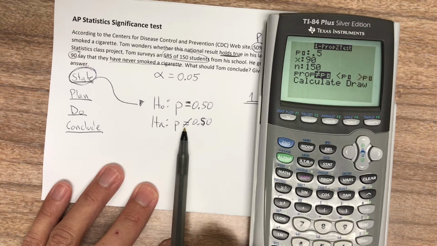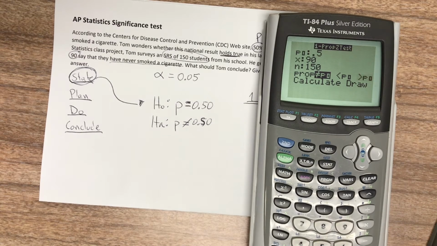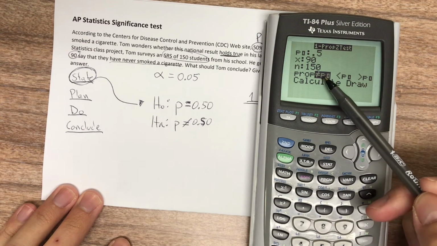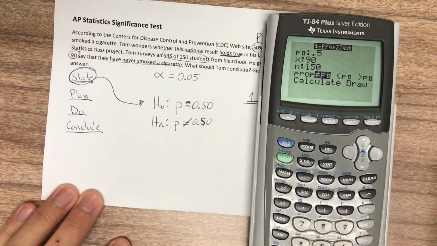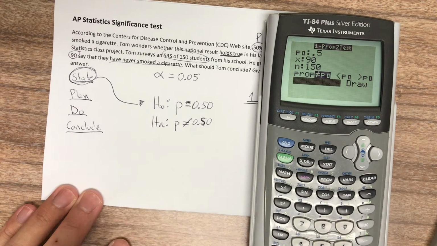So this means a two-tailed test or two-sided test. The teachers use different names, but they mean the same thing, two-sided or two-tailed test. So right now I need to use not equal to the P sub 0, which is your alternative hypothesis. So this not equal to, once again, is from your alternative hypothesis.